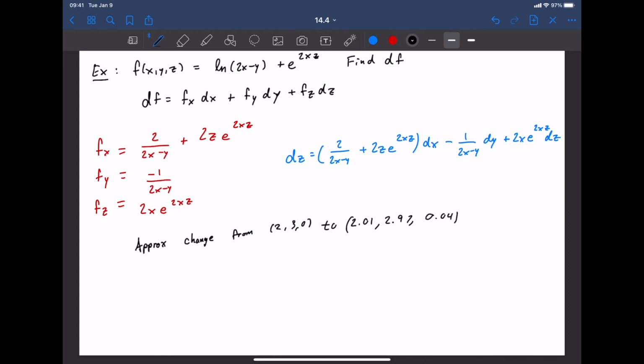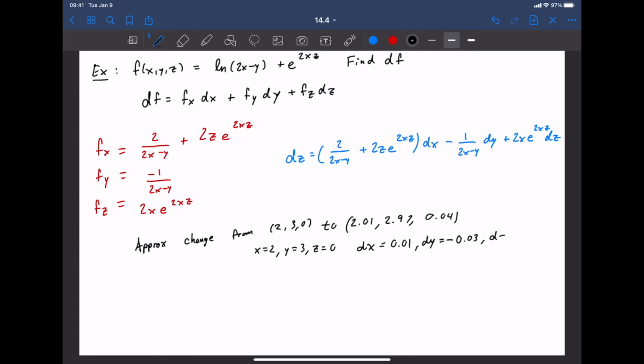So notice, we're going from a place where X is 2, Y is 3, Z is 0, and we're changing X by how much? What's the differential for X? That's the same as the increment for X. That got incremented up by 0.01. How about for Y? That got incremented down by 0.03.